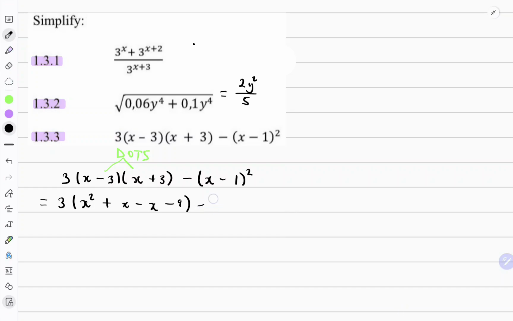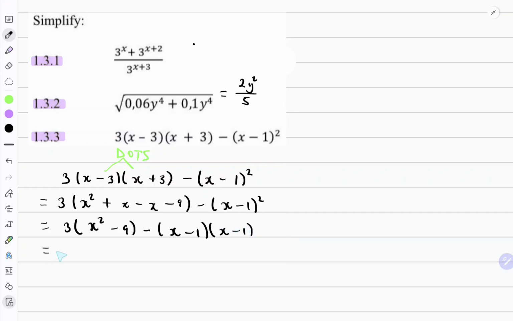And this here is minus x minus 1 to the whole squared. So this here then becomes 3 times x squared minus 9, minus, and if we expand this, we get x minus 1, x minus 1.